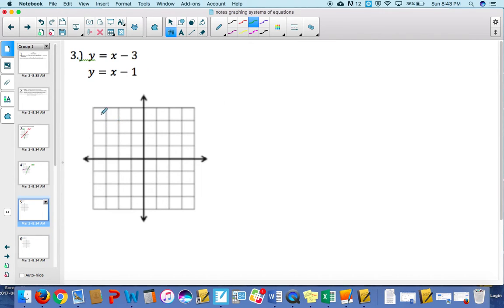Ready for example 3 here? On example 3, we're going to notice our first starting point is -3, and the slope is positive 1 over 1.